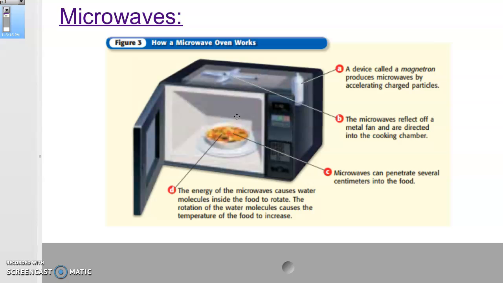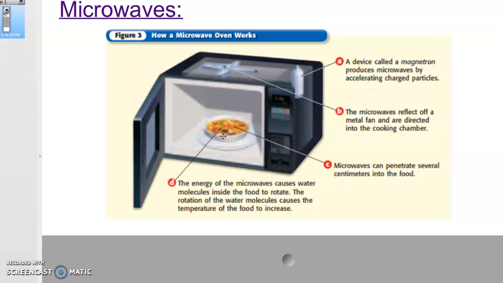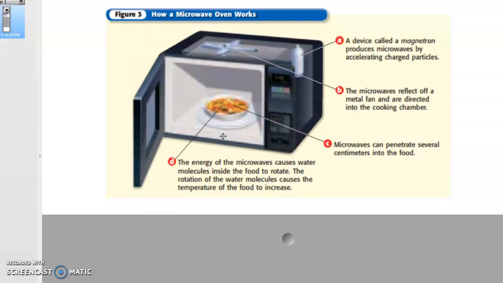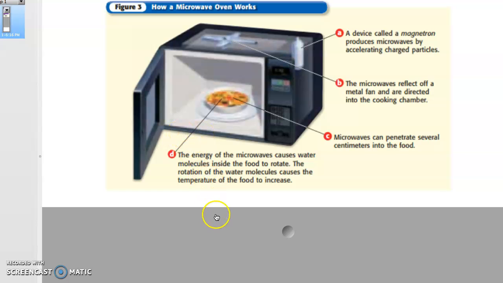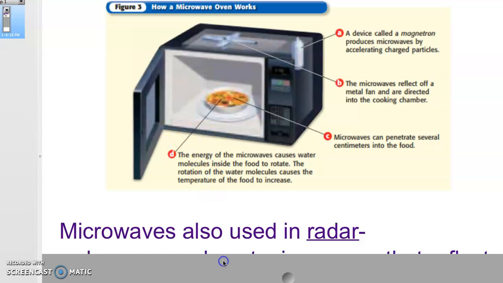So then they can go several centimeters into your food, and the energy of those microwaves causes the water molecules, so any type of liquid pretty much that's in your food, to kind of move and rotate, and it causes the temperature of your food to heat up. So it was a great invention that makes our food get cooked a lot faster than on the stove. Some say not as well, but most people use microwaves.